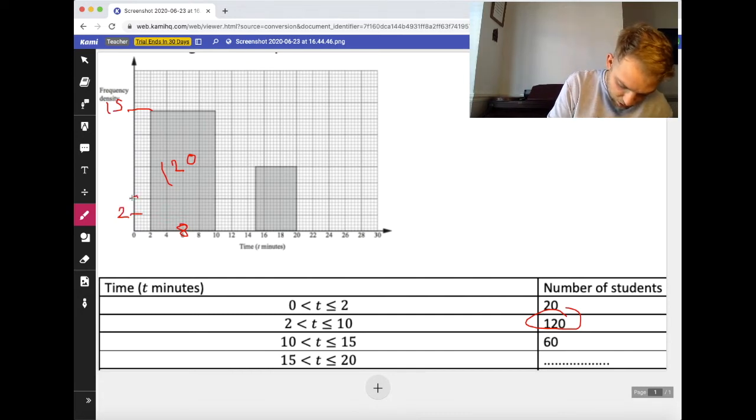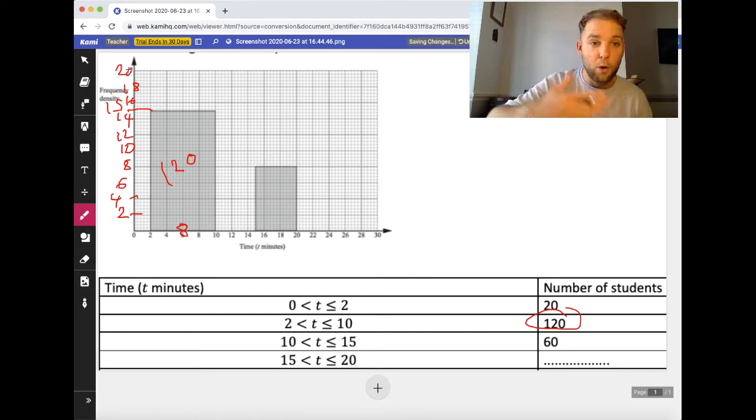So 2, 4, 6, 8, 10, 12, 14, obviously halfway there is 15, 16, 18, and 20. Brilliant. So I know what my axis is here. It's not very clear there. I should probably use text for that instead. But I know that it's going 2, 4, 6, 8, 10, and I've worked that out by working out what the frequency density is of that first rectangle.